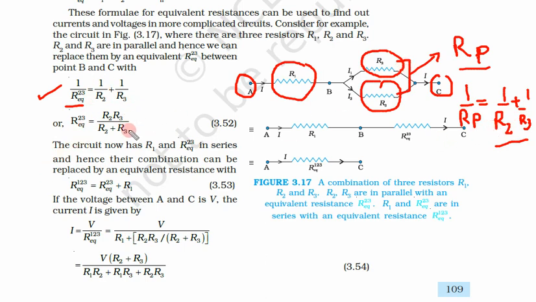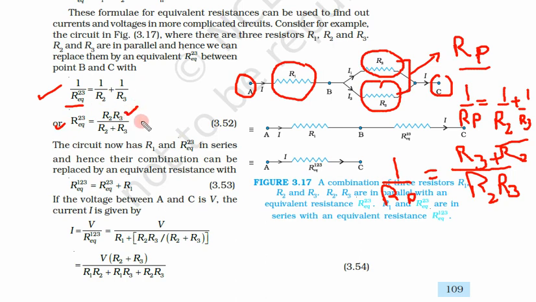Let us take common: R2 R3 is common, so R2 R3 is in the denominator, and R3 plus R2 in the numerator. So this is 1 upon Rp. So when we again take Rp, Rp is equal to R2 R3 upon R2 plus R3. So this is the equivalent resistance of this one.